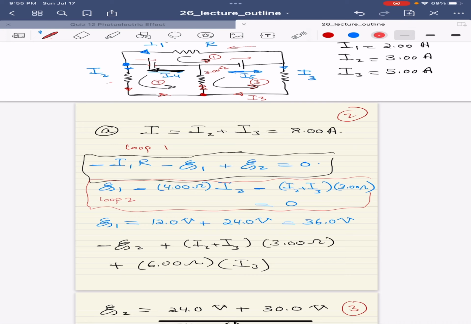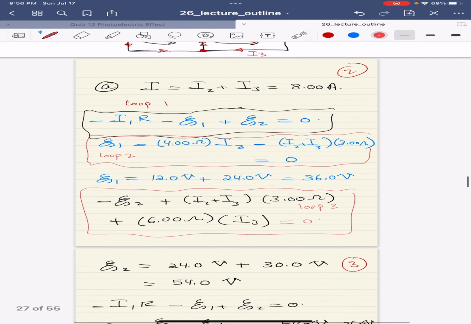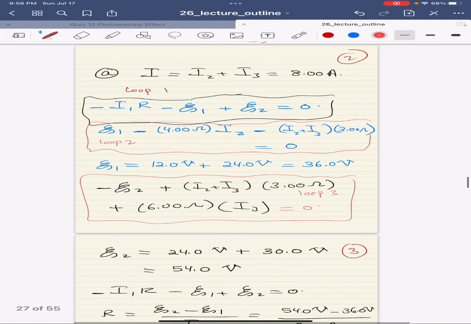Now this is going to be loop 3, equals 0. And from that I can conclude that E2 is going to be 54 volts.